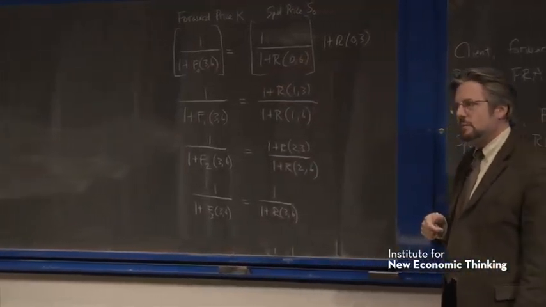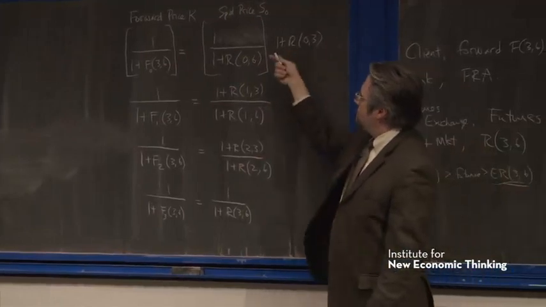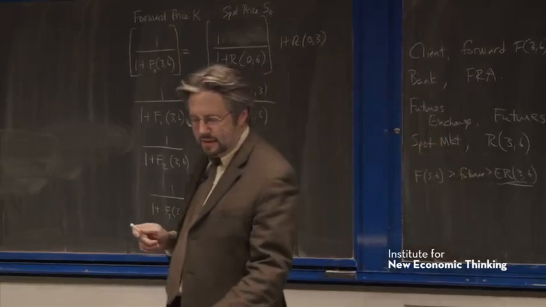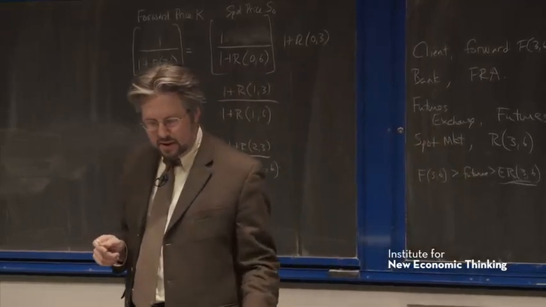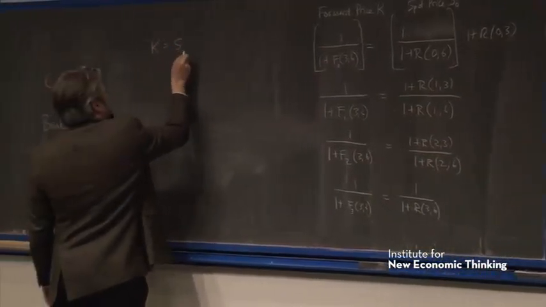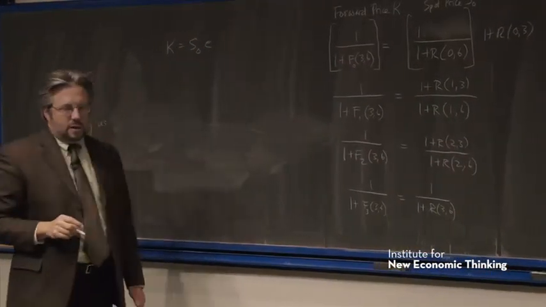It's a spot price, and then this is an interest rate over the next three periods. And we can write this equation in the following terms. K equals S naught e to the rT.